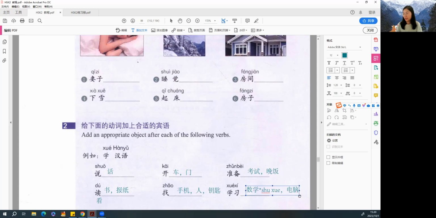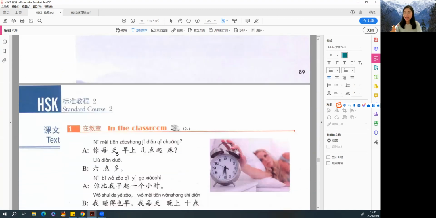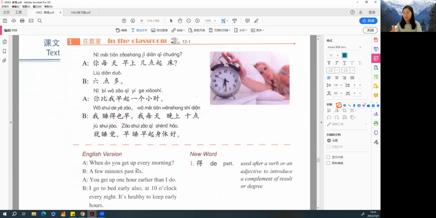Right, if we want to say programming, 学习编程. This is programming, 编程. So you can see here that it's programming in Chinese, 编程. I'm going to write it down.